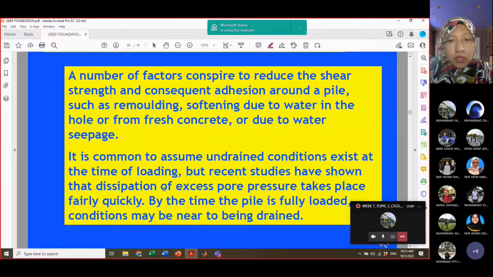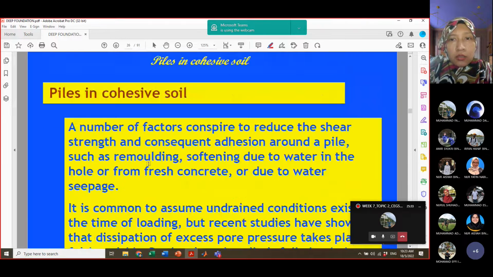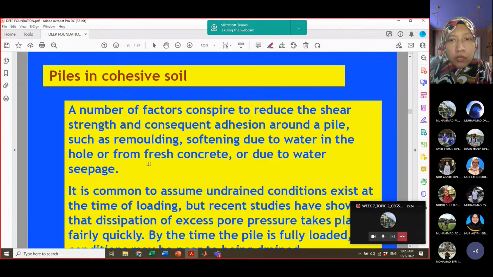And when you look back at the properties of the clay, it has a low permeability. Maknanya nilai K dia adalah rendah, yang mana air untuk mengalir keluar is a very long period of time. That's why by somehow clay ni can be analysed in total stress. Dia juga boleh analyse in effective stress. Dan juga dia boleh analyse dalam different as a purely cohesive clay.